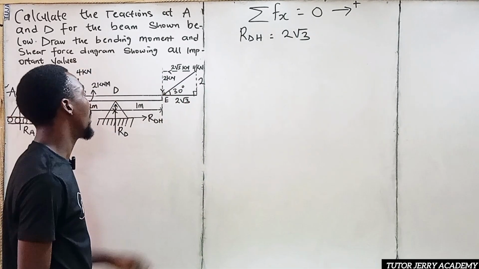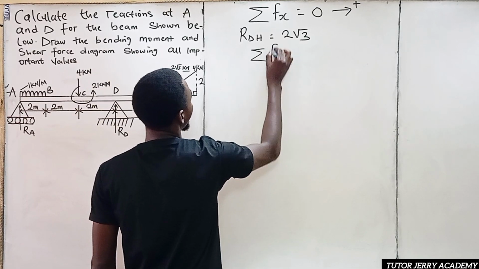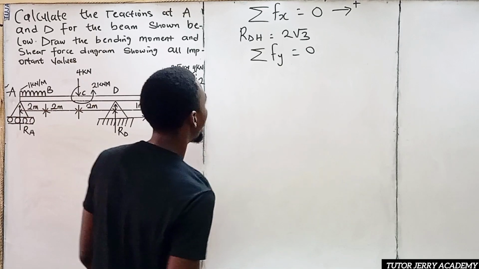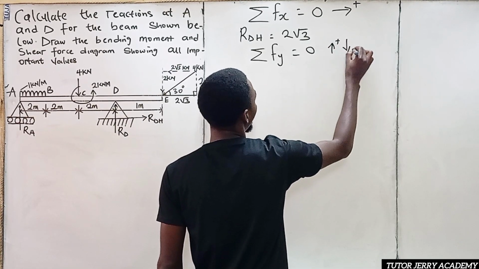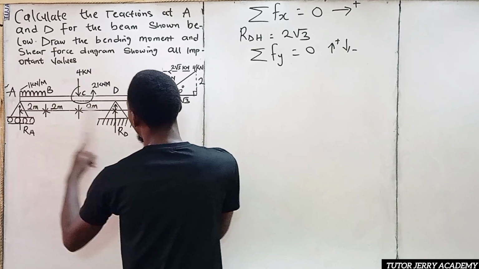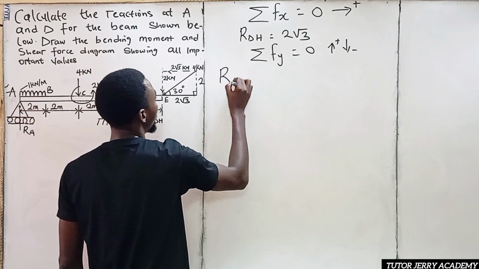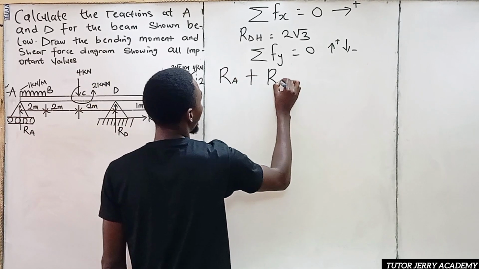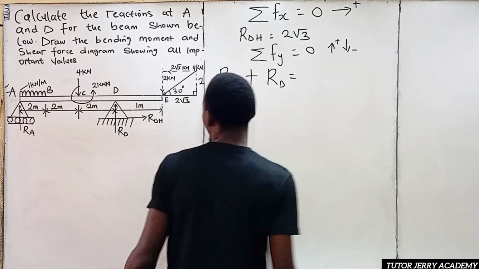Next, the summation of forces in the y direction is equal to 0. Here we take upward force to be positive and downward force to be negative. The summation of upward forces is R_A plus R_D, which equals all our downward forces.